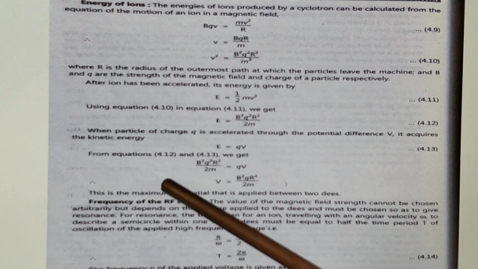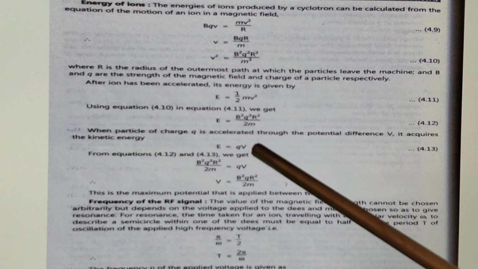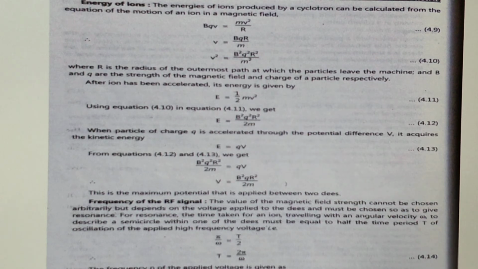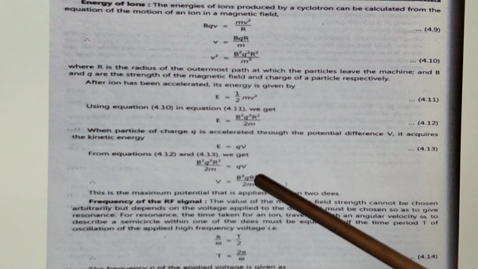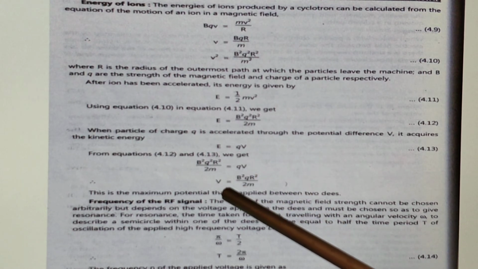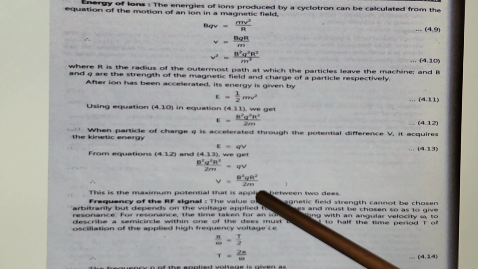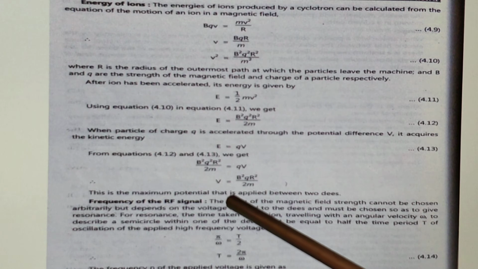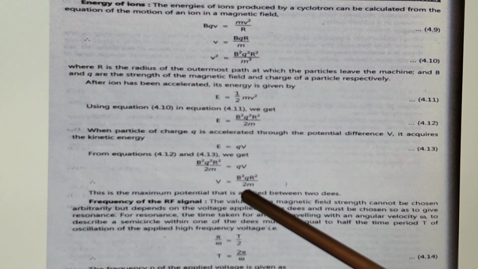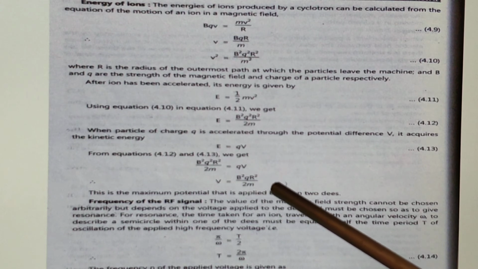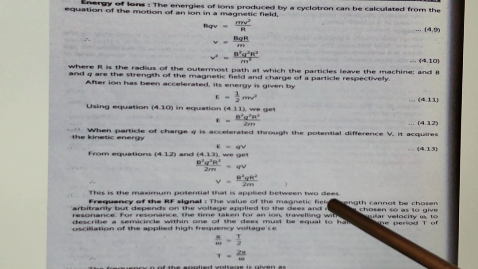Comparing these two equations of kinetic energies, we write B square Q square r square upon 2m equal to Q into V, or V equal to B square Q r square upon 2m. So lastly we calculate the potential which we have to apply, V equal to B square Q r square upon 2m. This is the maximum potential that is applied between the two D's.